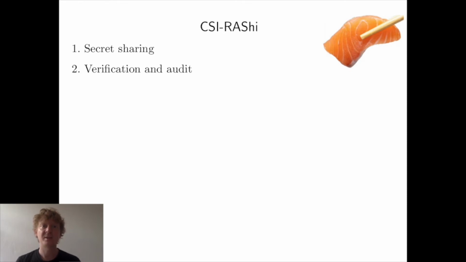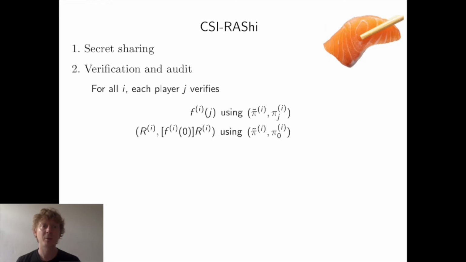After every player has sent their pieces and published their proofs, the next step of the protocol is to verify these proofs. As said before, each player j then verifies each of the shares it has received at the relative position and at 0. This is done for all the received shares from all n-1 other players.